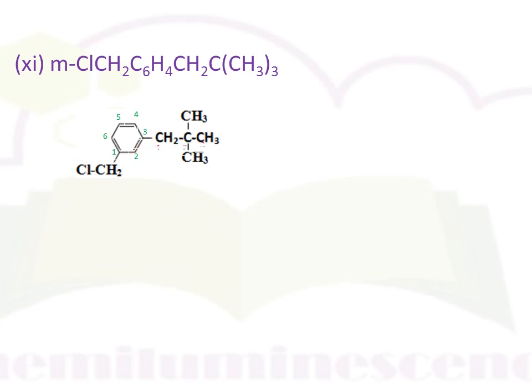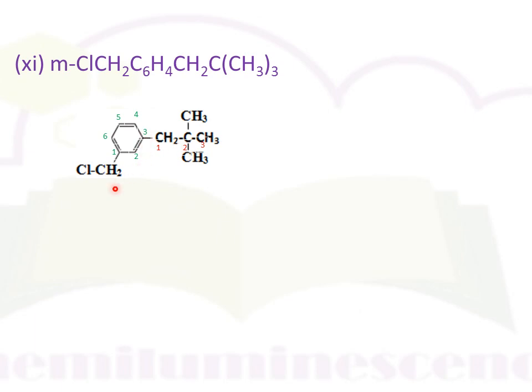Now for naming this fragment, there are 2 methyl groups present at the second carbon, hence it is named 2,2-dimethyl, and there are a total of 3 carbons in the parent chain, that is named propyl. Now keep this fragment in brackets because it is bulky and it is further bonded to the third carbon atom.